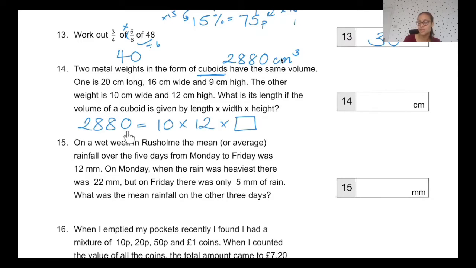That, I would say, is the trickier way to do it. I would recommend doing 2,880 divided by 10, then doing that answer divided by 12 in order to get this missing number. So why don't you just do that quickly? 2,880 divided by 10, and then divide that answer by 12.